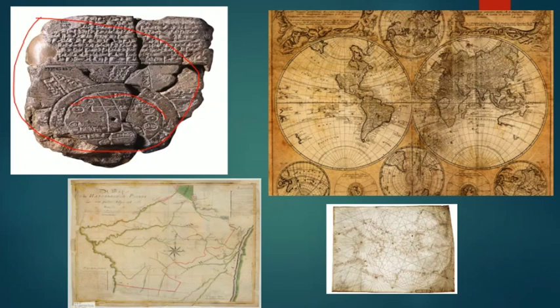Egyptians generally drew maps on metal sheets. And the Eskimo technique was that they stitched animal skin together to make maps. So ancient people adopted different techniques in map making.